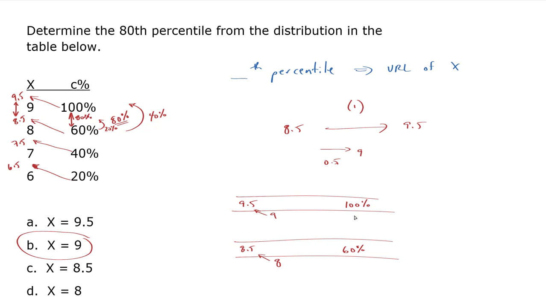If I want to go halfway from 60 to 100, which is 80%, I need to go halfway between these two, which is going to be 9. So my 80% goes with 9. That is my 80th percentile.